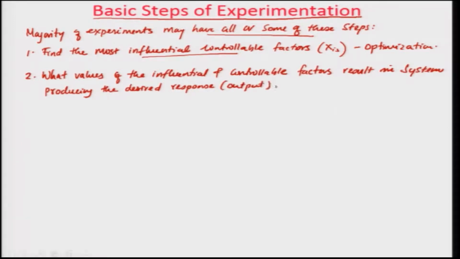So, there are many values of these influential controllable factors. You are more interested in which values will result in the system producing the desired output. That is the second most important step.